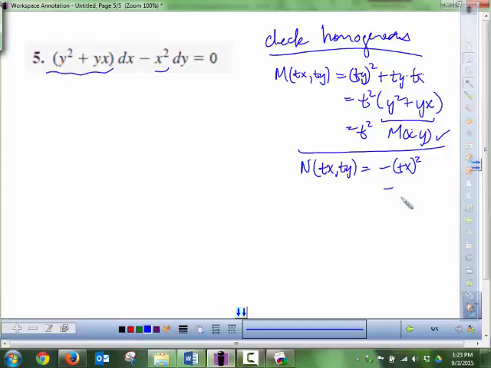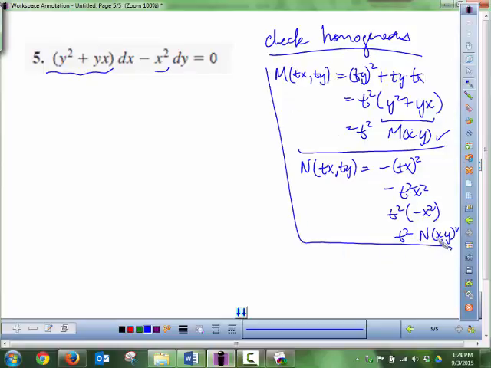That becomes negative t squared x squared. That's just a t squared times negative x squared. And negative x squared was your original n function. So yes, this is also homogeneous. It has to work for both for you to be able to do this.